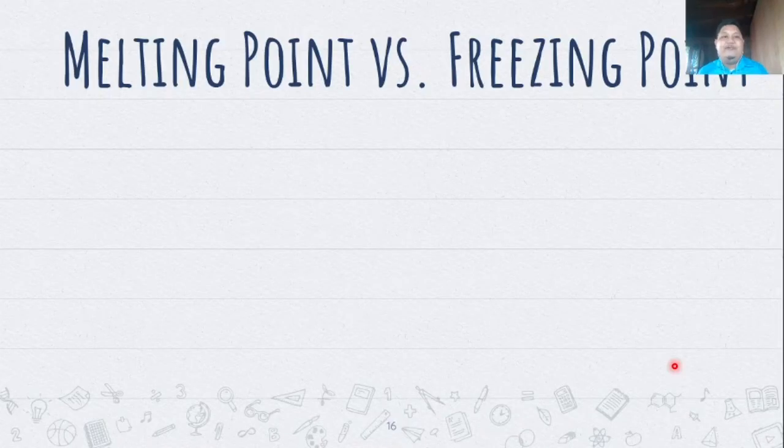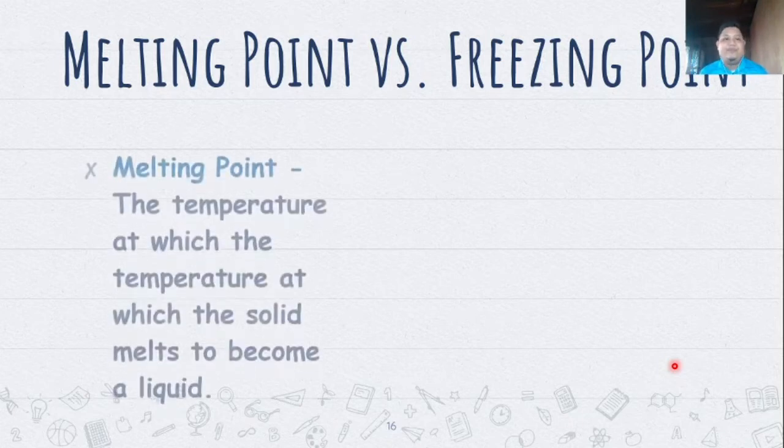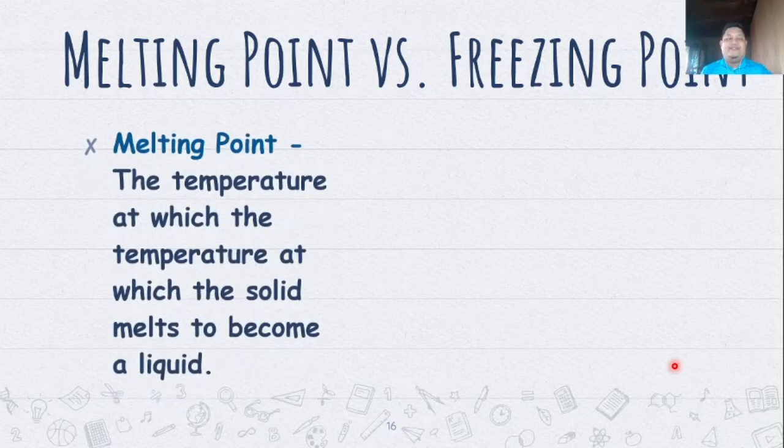Another physical property is melting point and freezing point. Let us differentiate the two. Melting point is the temperature at which a solid melts to become liquid. Sorry for the typographical error. So when we say melting point, that is the exact temperature when the solid melts to become liquid.